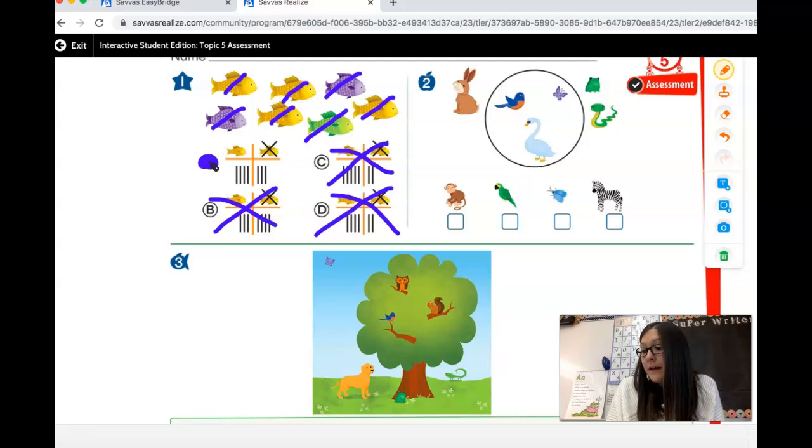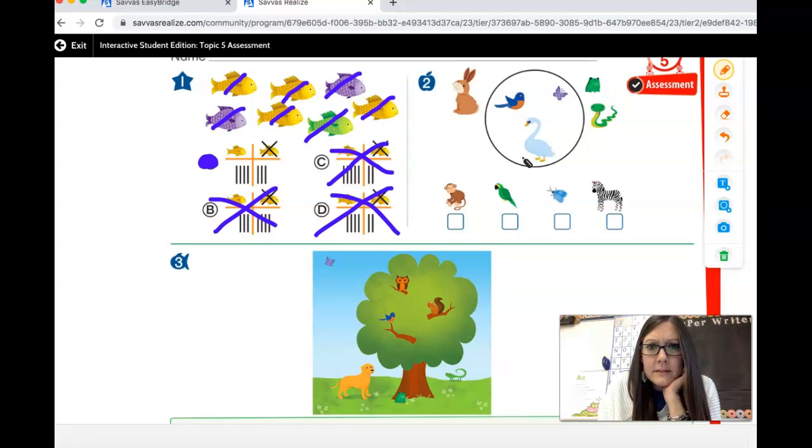All right, for number 2, apple. The animals have been classified into 2 categories. I want you to mark all the animals that belong in the category of animals that are inside the circle. All right, so we're going to have to figure out, what do these animals that are in the circle all have that is the same? Do you see anything?